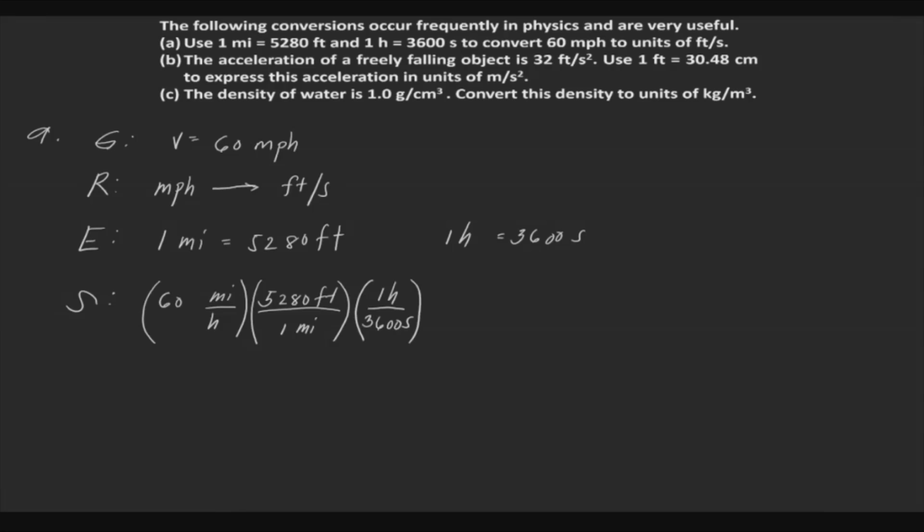So we multiply 60 times 5,280. We cancel out the unit for miles. Then we multiply our answer by 1 and then divide it by 3,600 seconds. So we are left with the unit feet per second and our answer is 88 feet per second.